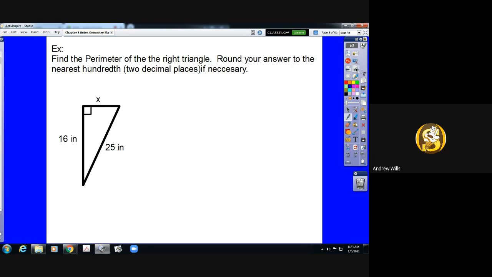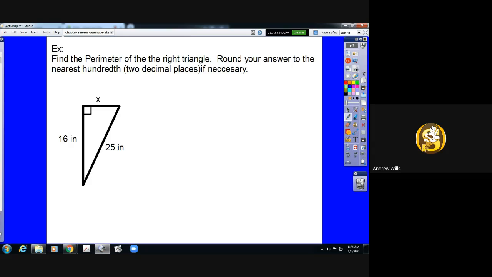All right. So the big thing to notice here is that you're not doing exactly the same thing, okay? It doesn't say find the length of the missing side. You've got to make sure you're reading those directions and that you are doing what the problem is asking you to do. Now you are still going to have to find x first.